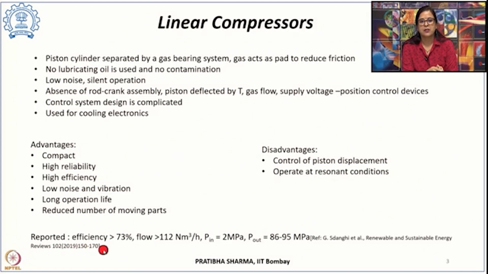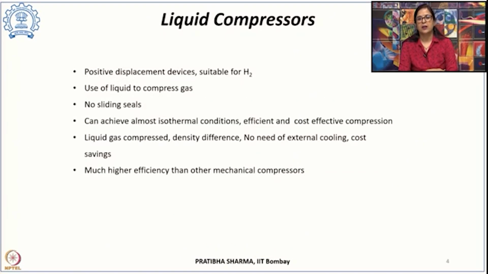The reported efficiencies with these linear compressors have been higher than 73%, with a flow rate of higher than 112 normal meter cube per hour, for an inlet pressure of 2 MPa and an outlet pressure in the range of 86 to 95 MPa. Now, another class of compressors which can be used for hydrogen, and are very much suitable for hydrogen compression, are the liquid compressors.